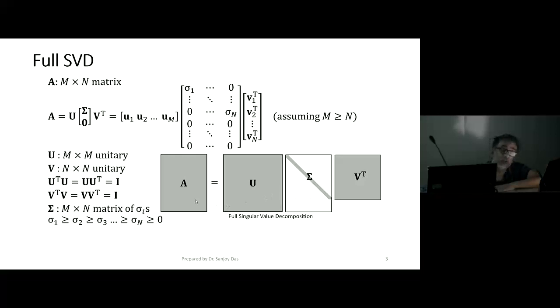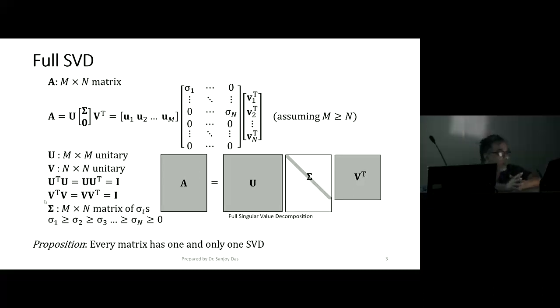I have to verify this, but I'm 99.9% sure: if A were a complex matrix, then U and V will be complex, but sigma will still be all real positives. These are called the singular values. The first element is the first singular value, then the second singular value, sigma 2, sigma 3, and so on. These are the singular values of this matrix.